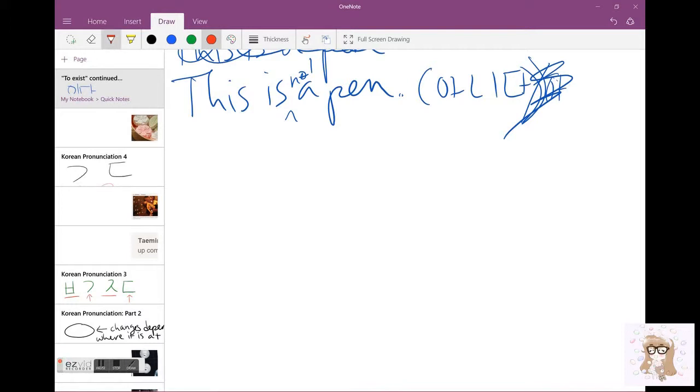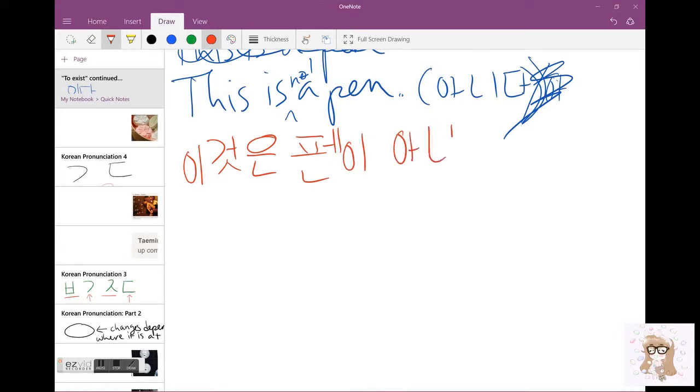Okay, so this is not a pen, which involves anida, which is no, which is not. So we say igasun, pen i, anieyo.